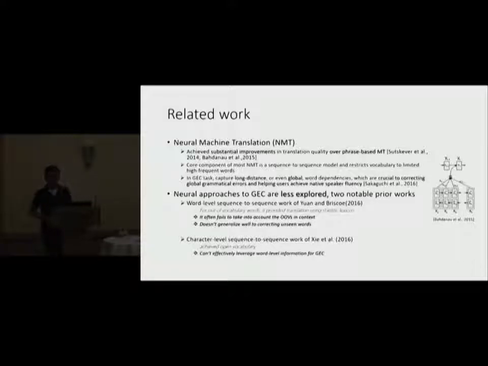However, the neural approach to the GEC is less explored. We noticed two prior works so far. One is a word level sequence-to-sequence done by Yuan and Briscoe. However, the approach fails to account for the OOV case, the out-of-vocabulary words, and its generalization is limited for unseen words.